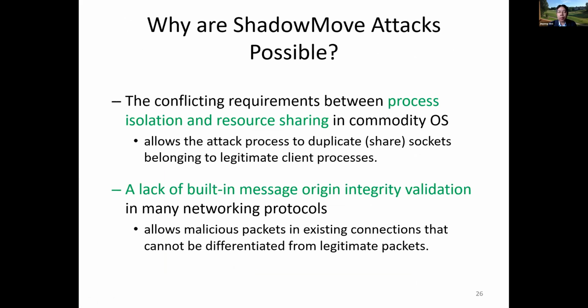Both current operating systems support process isolation, for security and so on, but they also support resource sharing, because resource sharing can be useful for certain application scenarios. But you can see that these two requirements are actually conflicting, right? Because resource sharing, of course, will allow the processes to talk to each other and share something in common, which is against the isolation.